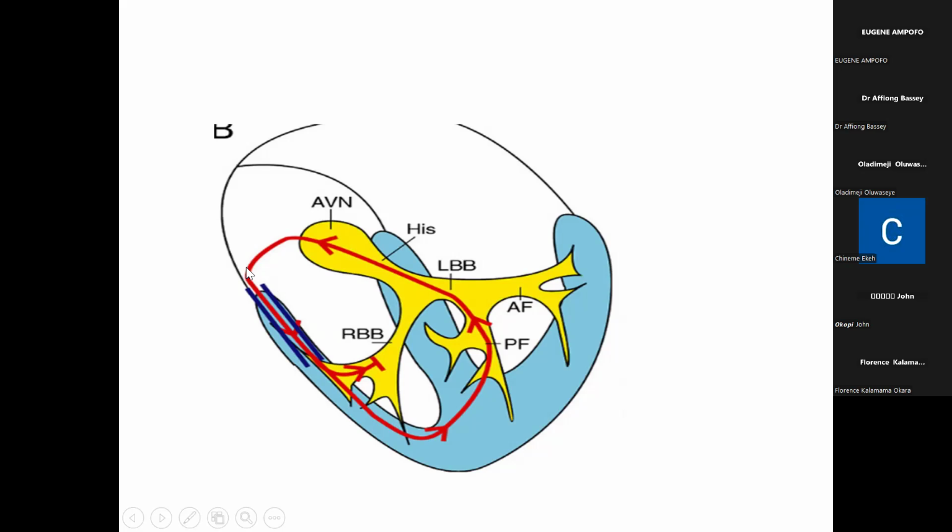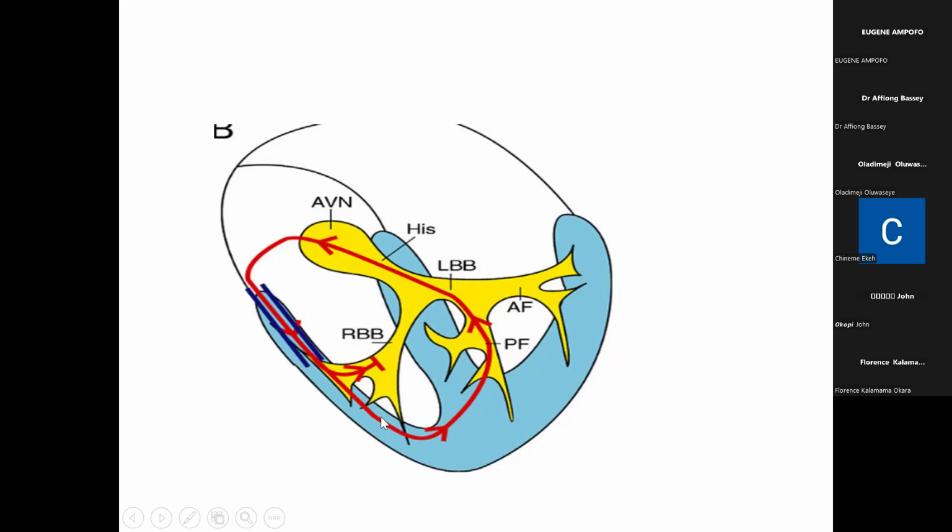Now, because this tract is very fast, it would conduct very fast to the atrium. And normally, you will conduct from the AV node to the His bundle, right and left bundle, and you depolarize the ventricle, both the right and the left ventricle at the same time.